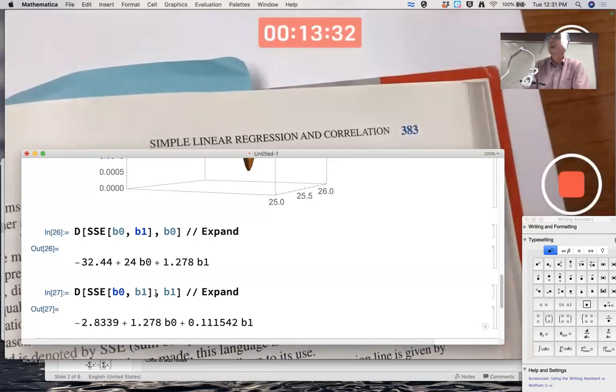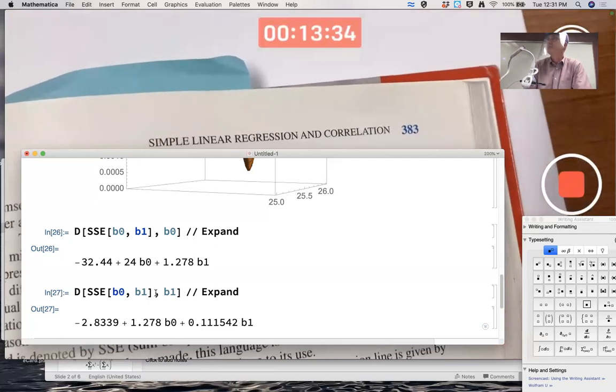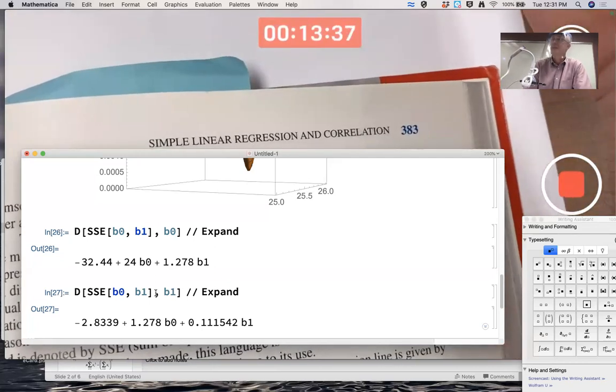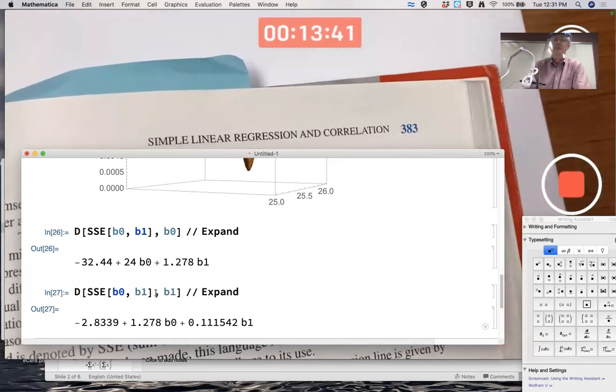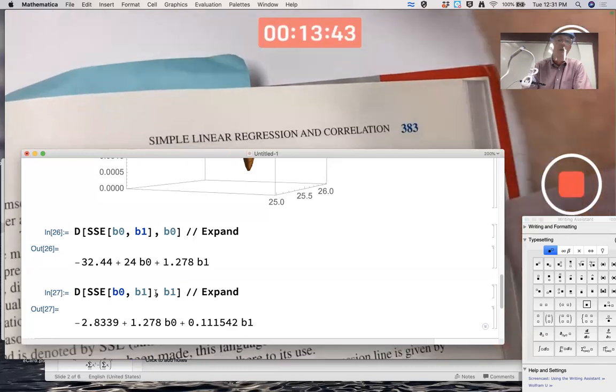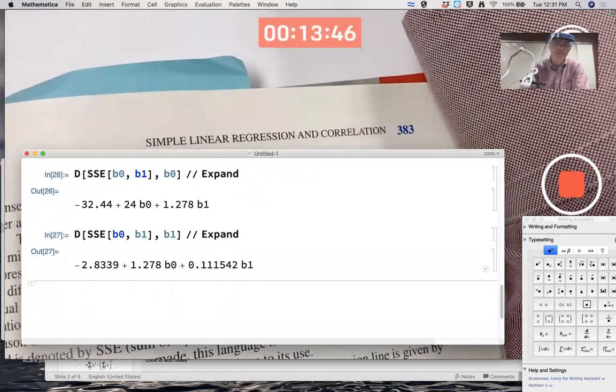Even if you haven't had multi, just like Calc 1, find the derivative, set it equal to 0, solve for the critical points. You do the same thing in multi, except you've got two partial derivatives to set both equal to 0 and solve for both b0 and b1.